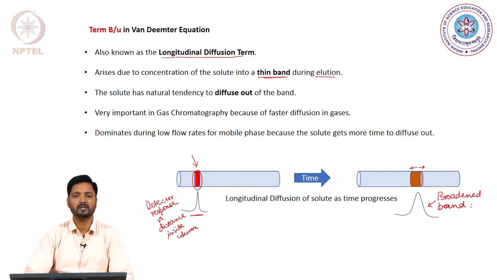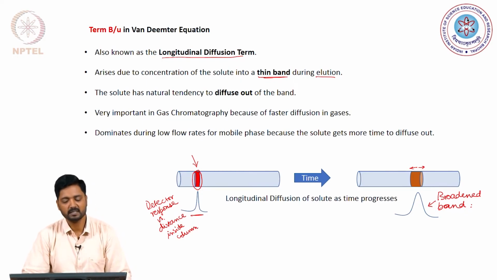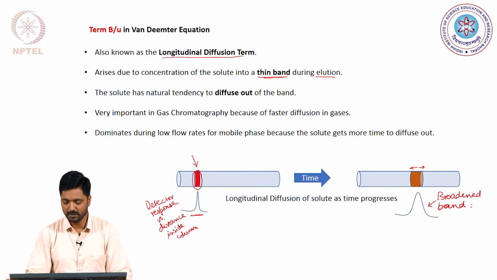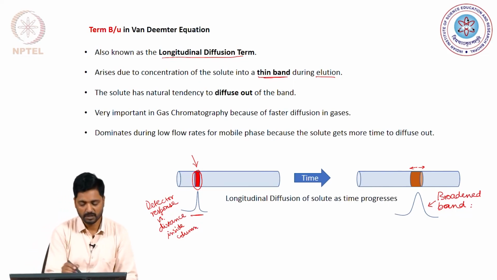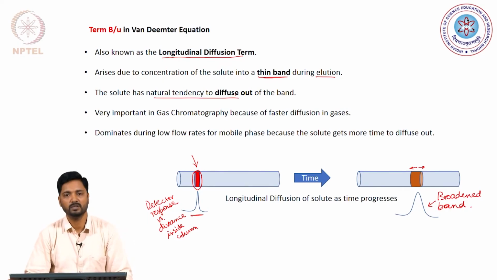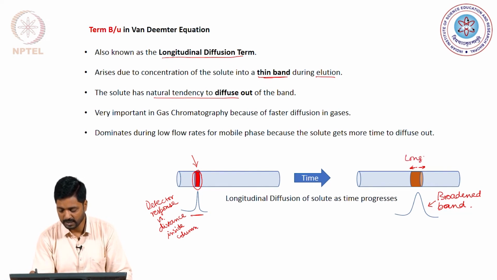So, what we realize here is that the longitudinal diffusion term arises due to the natural diffusion of the solute out of the band on both sides, and that is why it is known as the longitudinal diffusion.